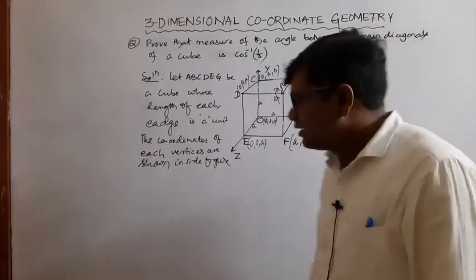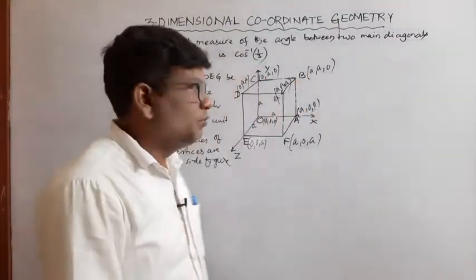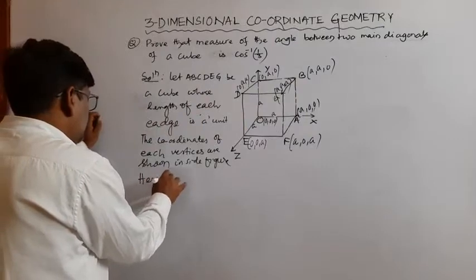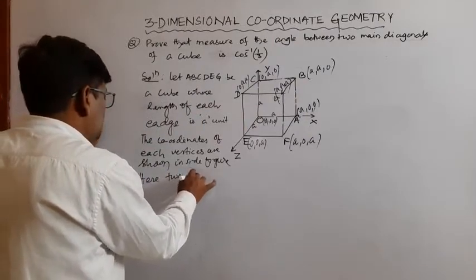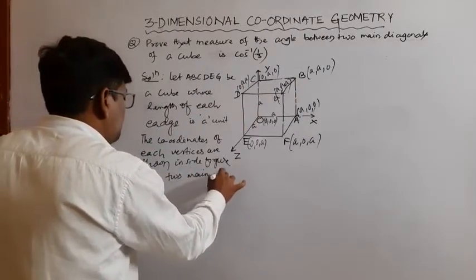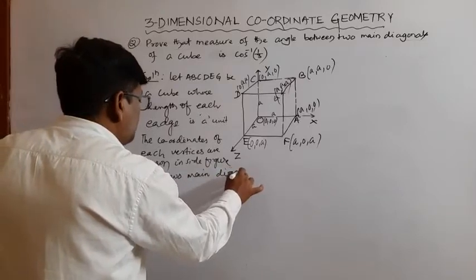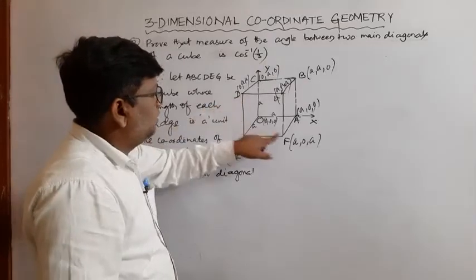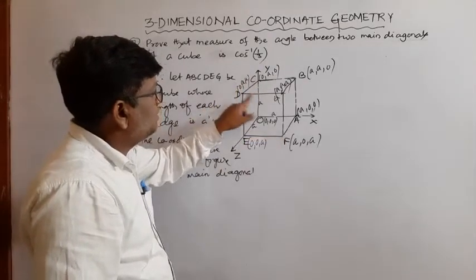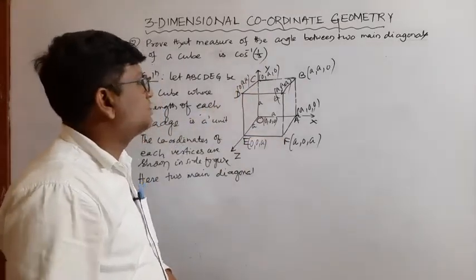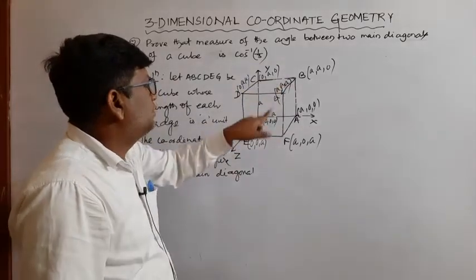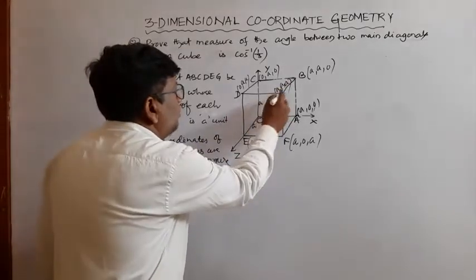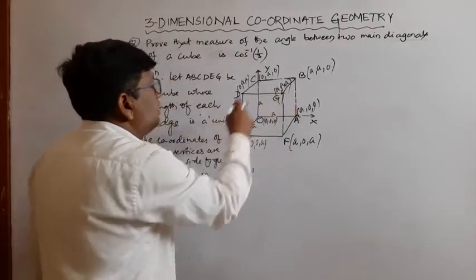Here the two main diagonals: either you may take FC and DA, or you may take OG and EB.